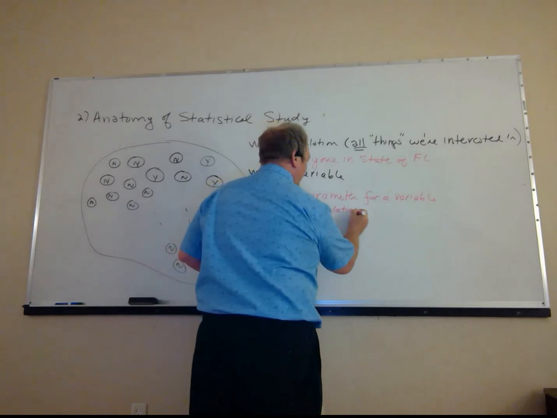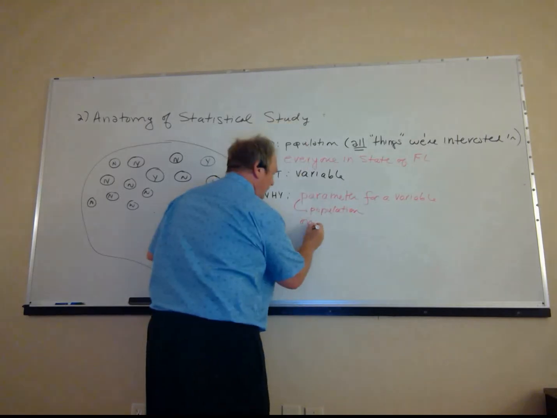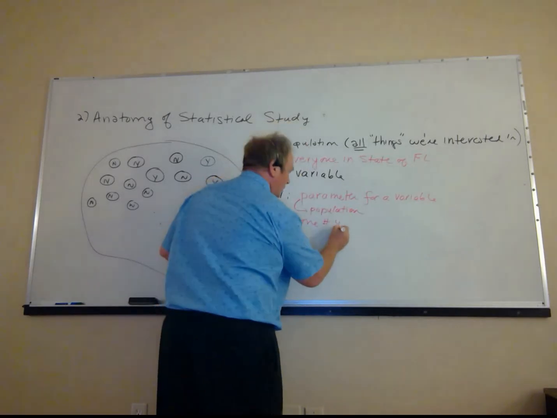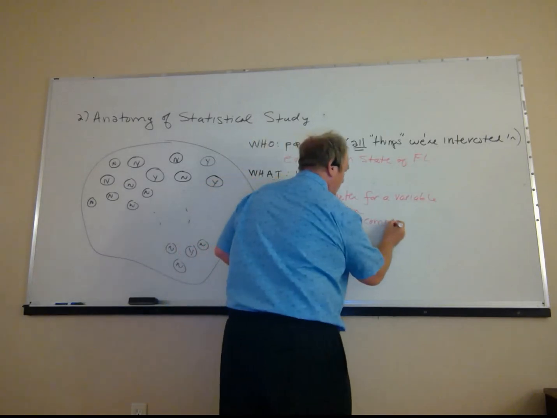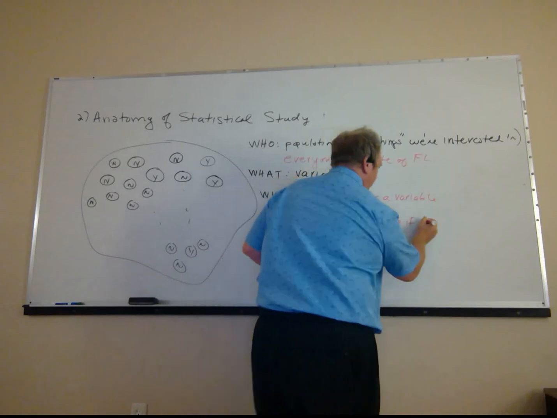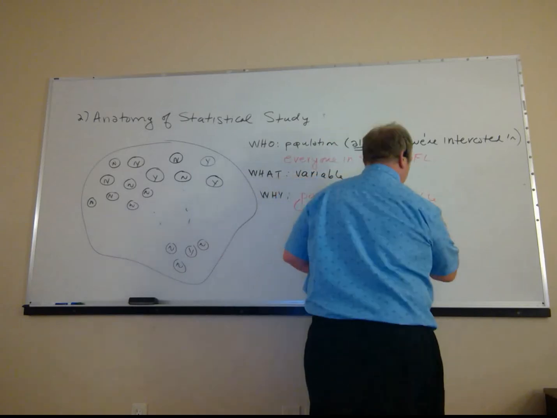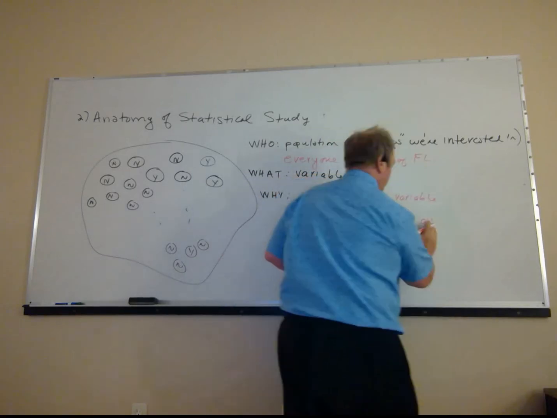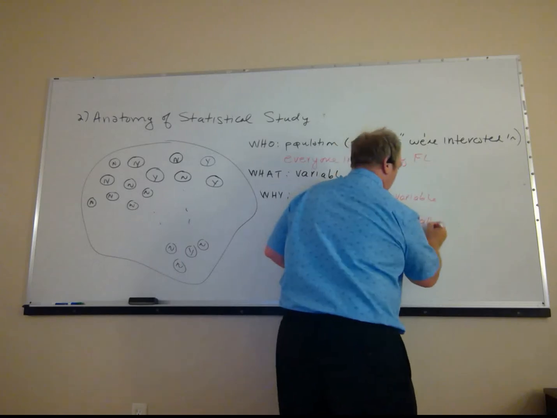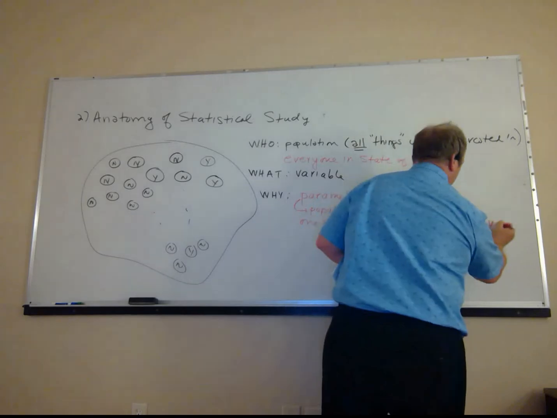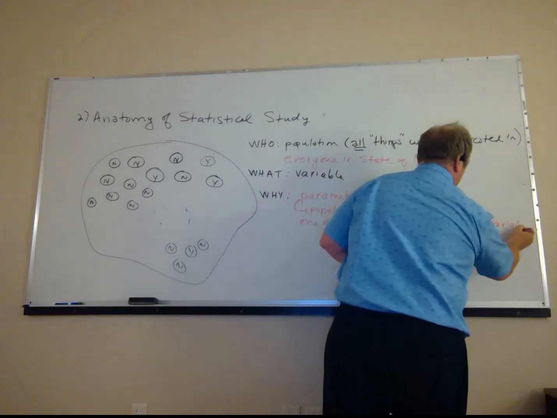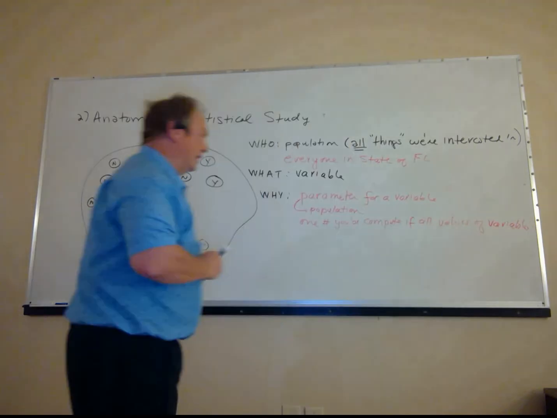And what it is, it is the one number you'd compute if you had all the values of the variable from everyone in the population.